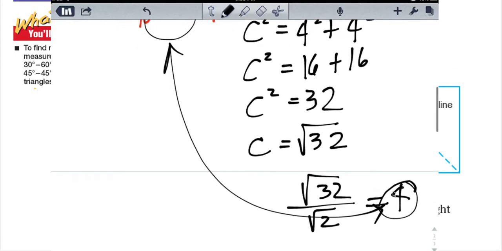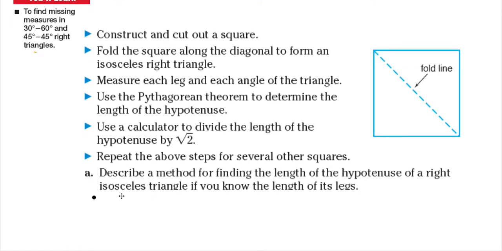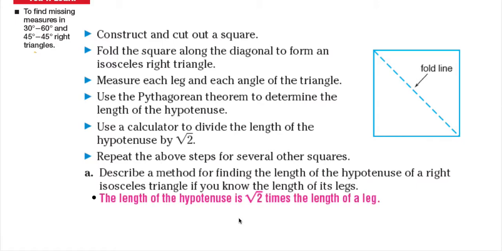Which brings us to letter A. Describe the method for finding the length of the hypotenuse of a right isosceles triangle. If you know the length of its sides, then to find the length of our hypotenuse, we need to multiply radical 2 times the length of a leg.